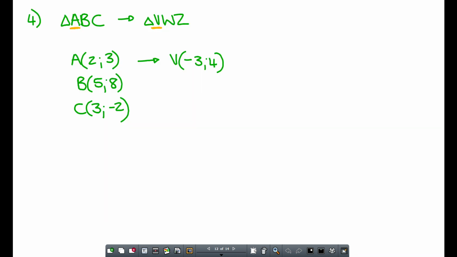Then, number 4. Number 4 says, how has triangle ABC been translated to VWZ if the vertices of the triangles are given by, and then they give you A, B, and C. Now, what I want you guys to see, and this part is important, if it was translated to VWZ, can you see that A was the first letter over here?